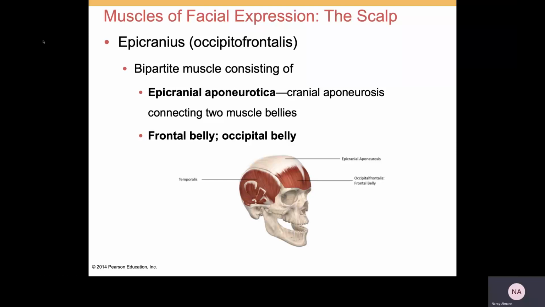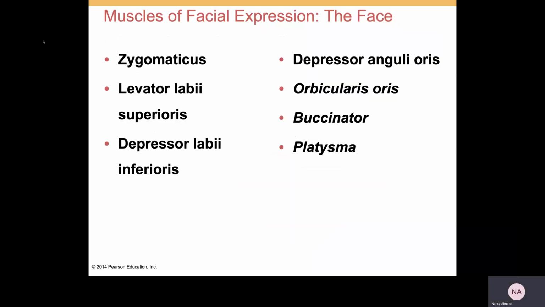So you have a broad, flat tendon that basically sits over your parietal bones and connects the muscle that is known as frontalis, or you can call it the frontal belly of occipitofrontalis, and it will also connect to occipitalis, which is the muscle that sits just superficial to the occipital bone. And there you have it. When you hear epicranius, you are talking about a structure that has 3 components: frontalis, the epicranial aponeurosis, and occipitalis.